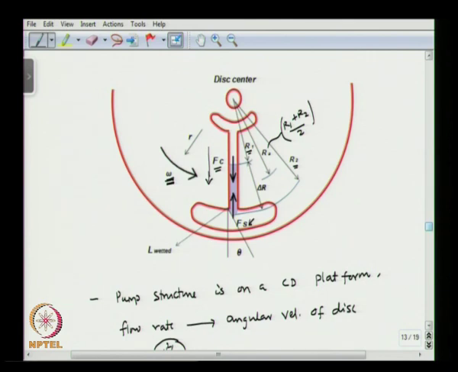Okay. So, typically if you have the profile something like this, so this is the direction of surface tension.